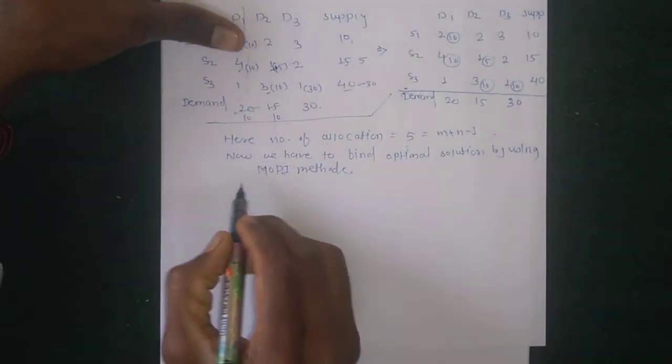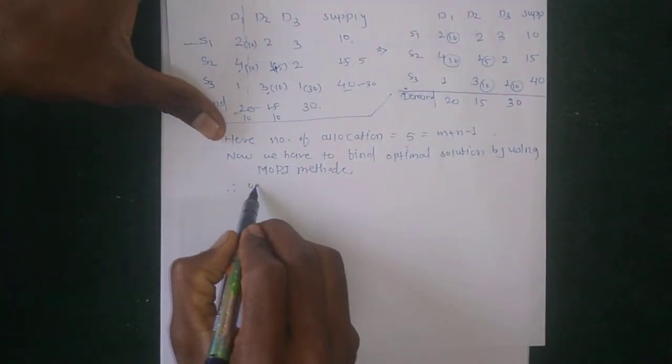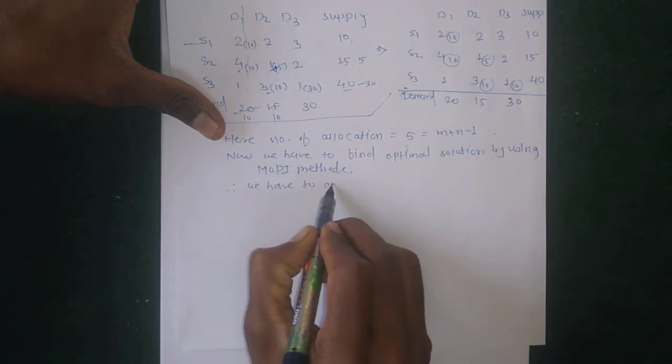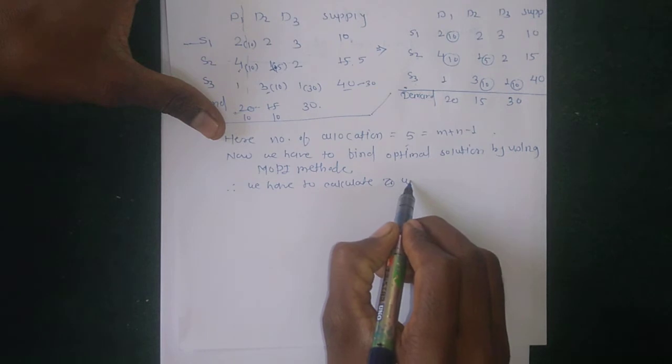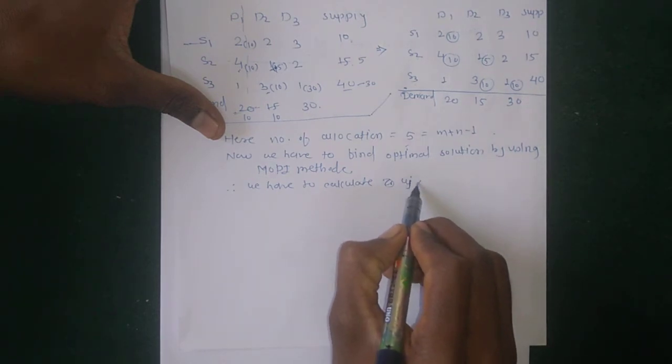Therefore, firstly we have to calculate Ui and Vj.